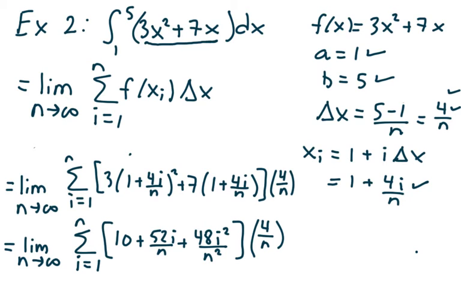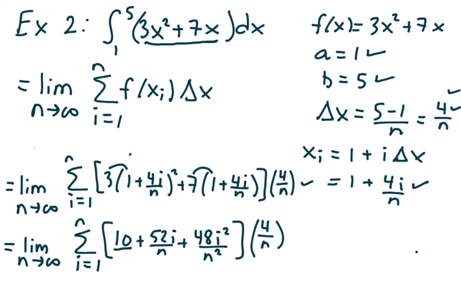I get the limit as n goes to infinity of the summation from i equals 1 to n of 3 times (1 plus 4i over n) squared plus 7 times (1 plus 4i over n), that quantity times 4 over n. And so that's the limit as n goes to infinity. So I did a little algebra in, like how I get 10: I take 3 times 1 and 7 times 1 and add them up. That's where I'm getting the 10.